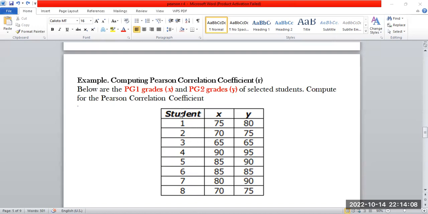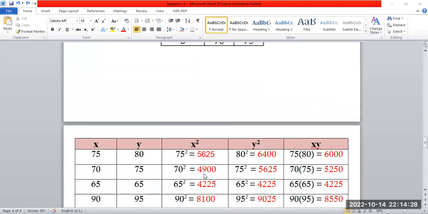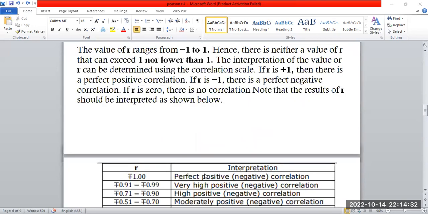And so, for example, student number 1, ang grade niya for the first grading or PG1 is 75, and then the grade niya for PG2 or the second periodical grade is 80. Okay, hanggang kay student number 8. Therefore, our N is equal to 8. Now, what we're going to do is we will apply the formula.